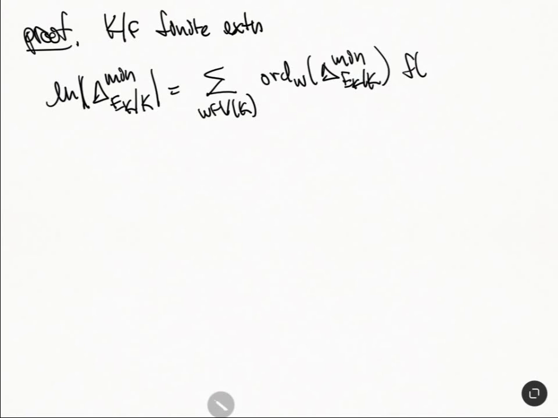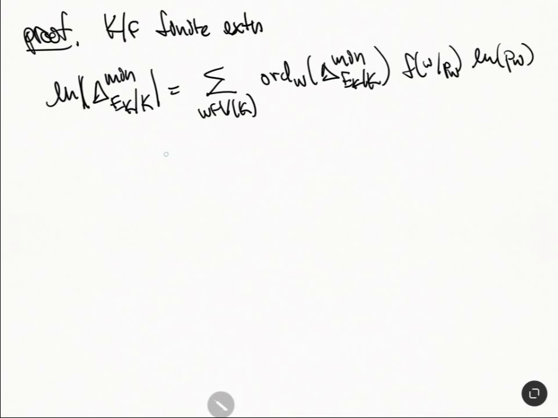Then we have to use the inertia degree because that's part of the norm. This is f_{W over P}, and then the natural log of P_W. Okay? That's what we have here.